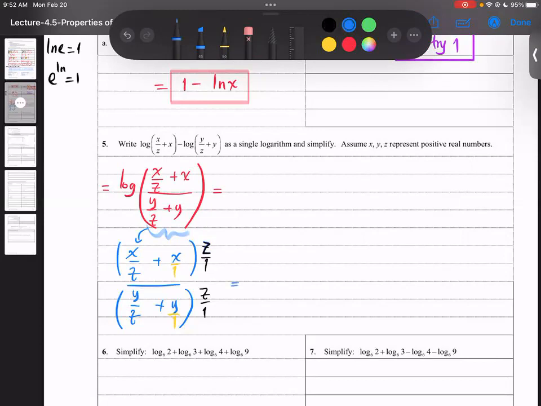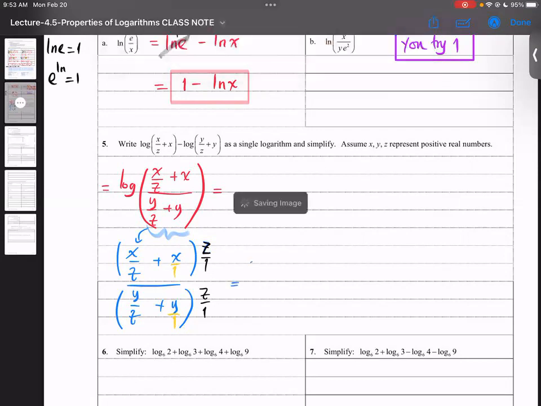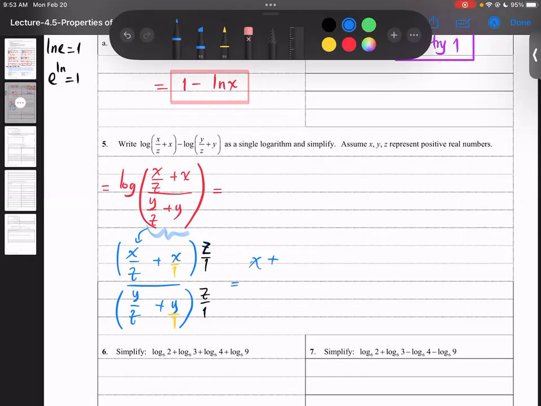So the first one, the z cancels, it's just x, and then plus xz. That's the top. And then the bottom is going to be y, z cancels, and then yz. That's it.